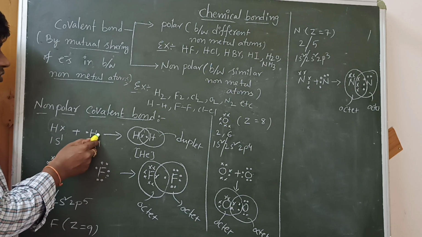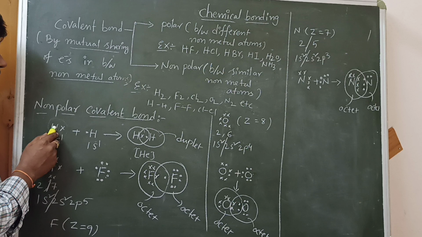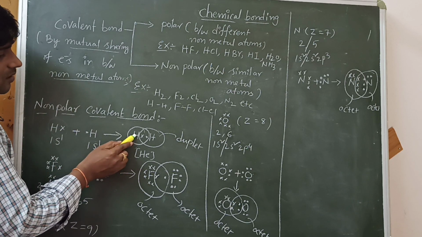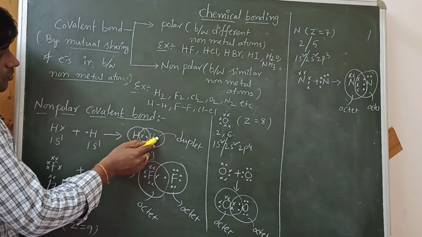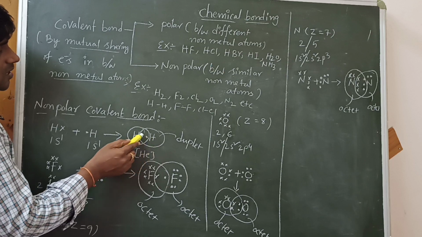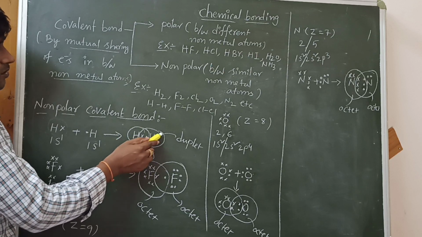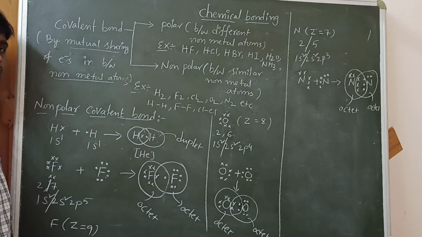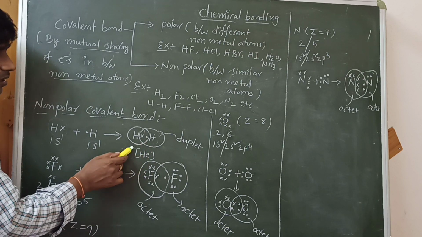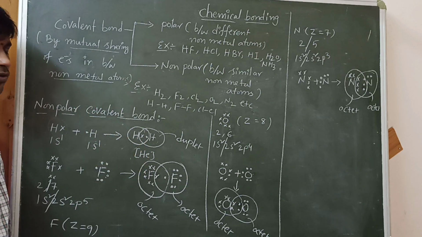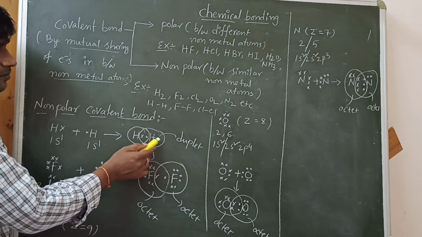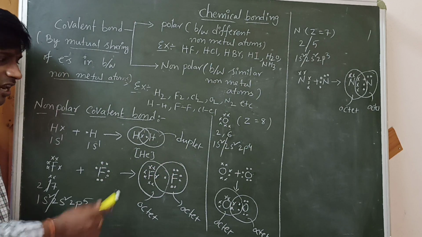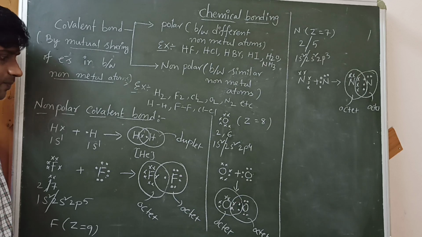This hydrogen atom shares one electron to this one, and this hydrogen atom shares one electron to this one. So by mutual sharing of electrons with each other, it forms a covalent bond, so that it gets a duplet configuration. Duplet configuration means in its outermost shell it now contains two electrons.